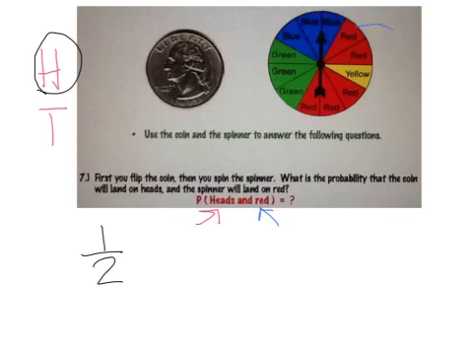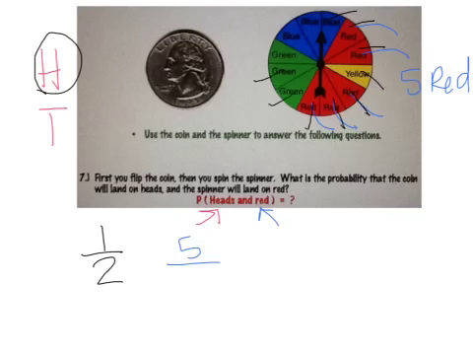So there's 1, 2, 3, 4, 5 reds on this spinner. So my chances are 5 out of, I'm going to count all the sections of the spinner now. 1, 2, 3, 4, 5, 6, 7, 8, 9, 10, 11, 12. So my answer would be 5 out of 12.